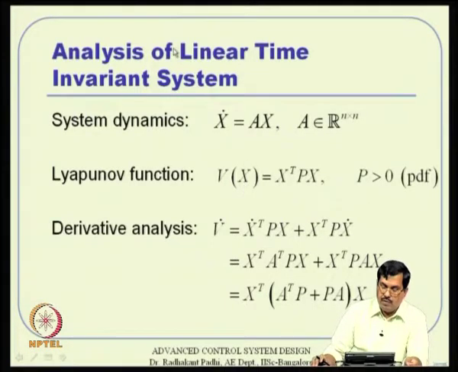Now, coming to linear time invariant systems, there is a special class of system we also discussed. To analyze the stability behavior of that class, we took a Lyapunov function candidate where P is a positive definite matrix.